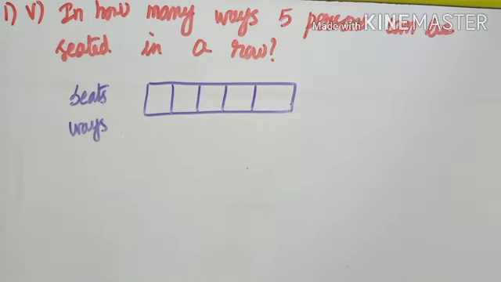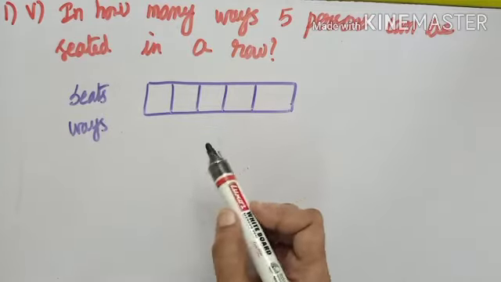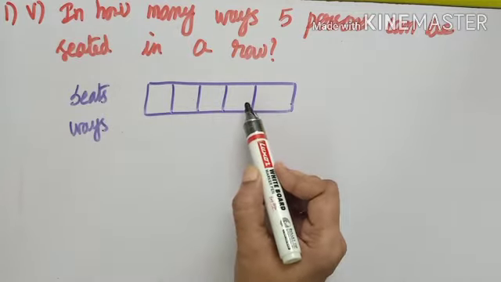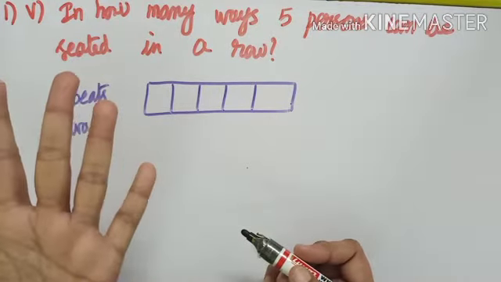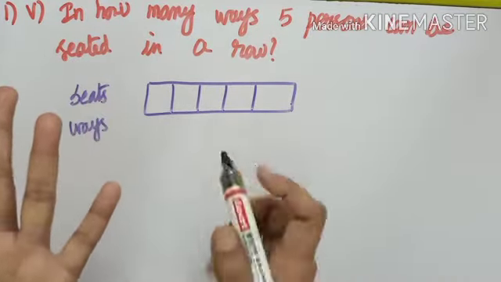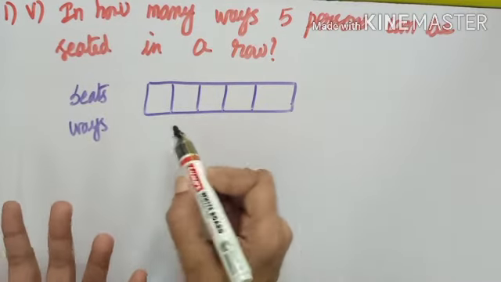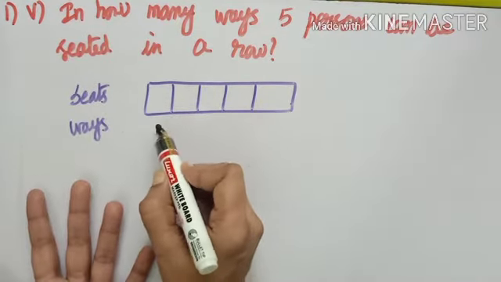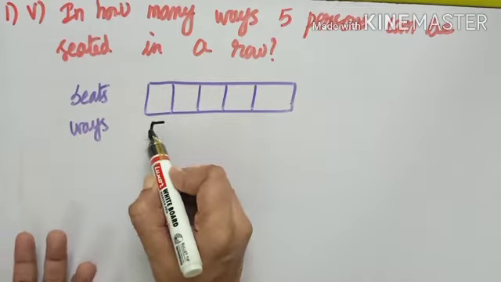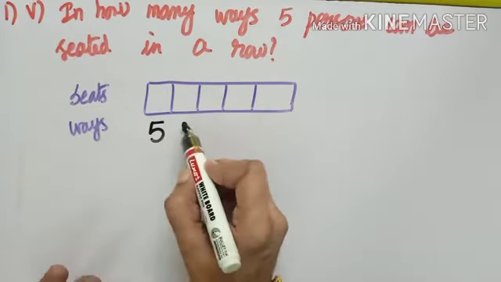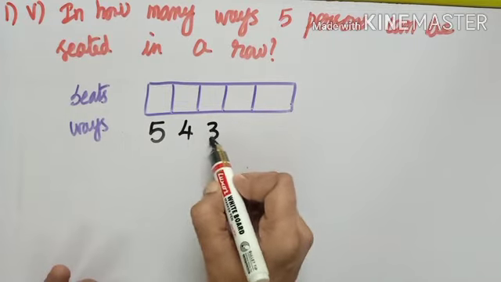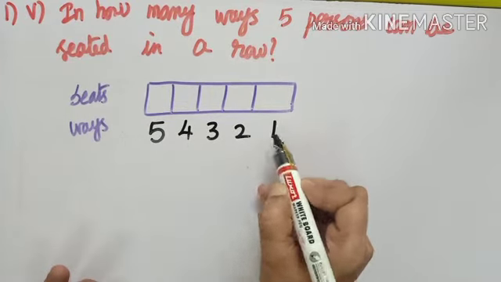So 720 ways they can be seated in the 10 chairs. Fifth subdivision. In how many ways can 5 persons be seated in a row? There are 5 seats. We need to arrange 5 persons. So 5 in hand. The first seat can be occupied by any of these 5 ways. Second seat by the remaining 4, third by the remaining 3, and then 1.